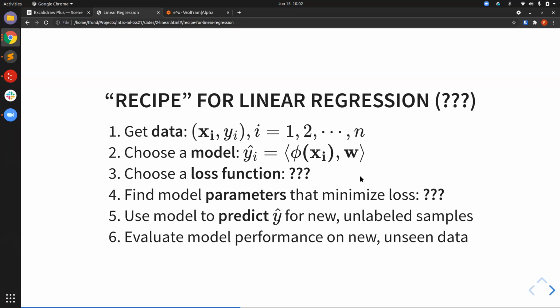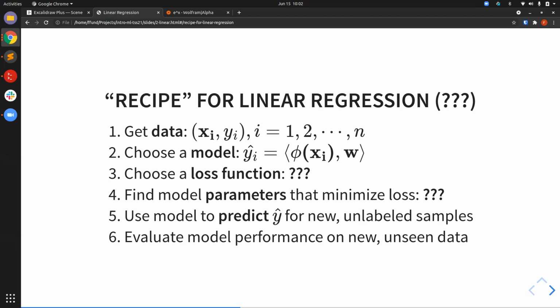Choosing a loss function. Now that we've described our model, and progressively more flexible versions of the model, we need to turn to steps 3 and 4, which tell us how to find those weight parameters.